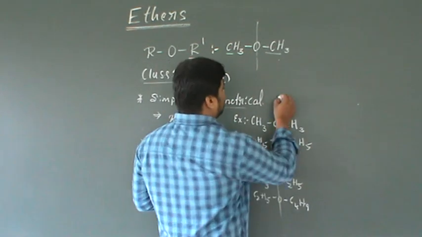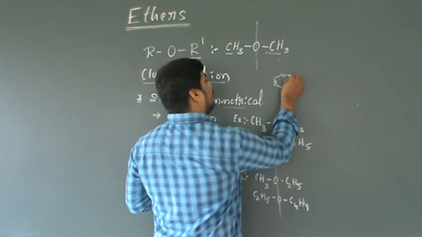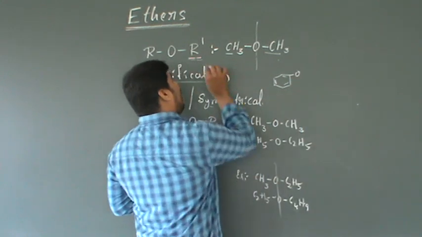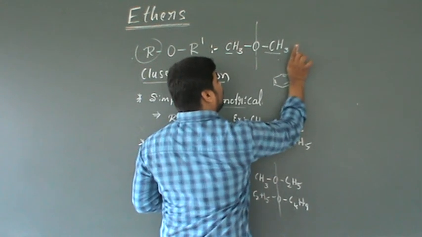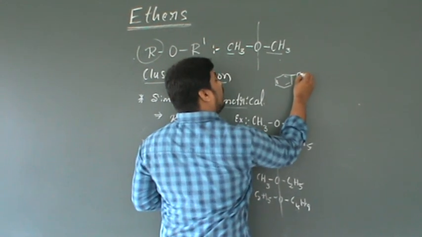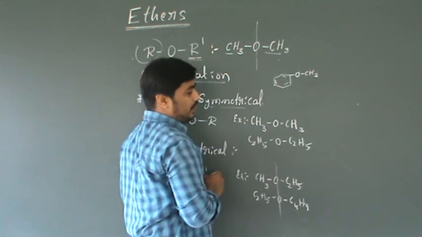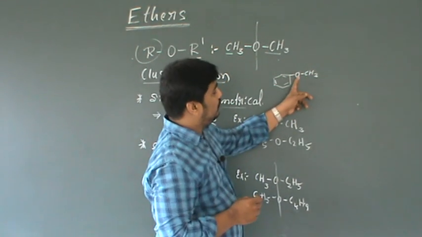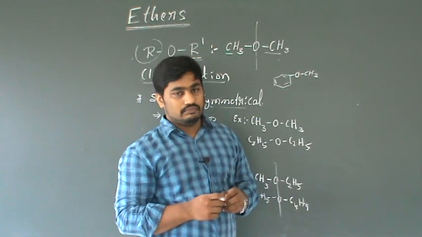Consider one small example: a benzene or aromatic ring on one side, and CH3, aliphatic, on the other side: Ar-O-R.